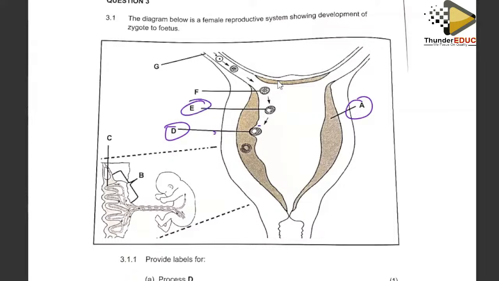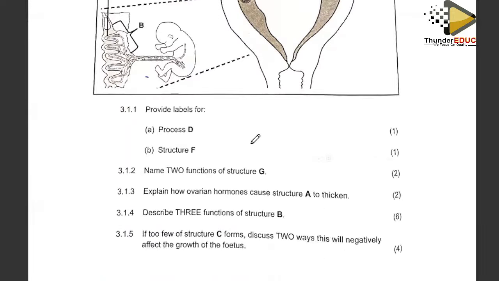And then you have A, which looks to be a hollow ball of cells, which is blastula. F looks to be a morula. This one looks to be fertilization taking place. And then you see here these are the microfilaments. This one looks to be a placenta. It will depend on what they're asking, but yes, provide labels.